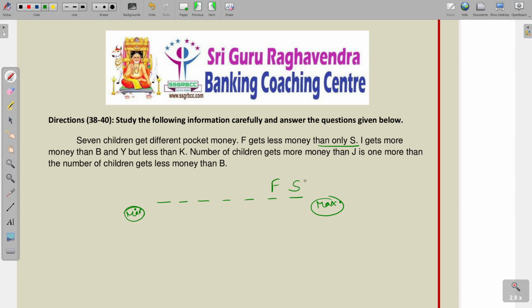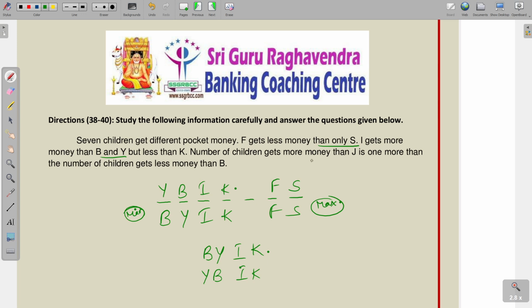F gets only less money than S. I gets more money than B and Y, but less than K. Or else Y, B, I and K. These 2 possibilities are coming. Suppose I fix Y, B, I and K, or else B, Y, I and K, F and S. These 2 possibilities are coming.